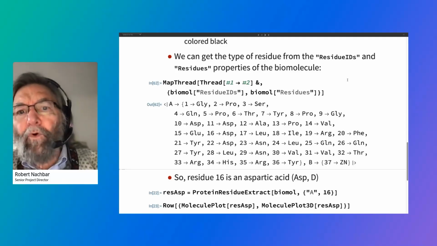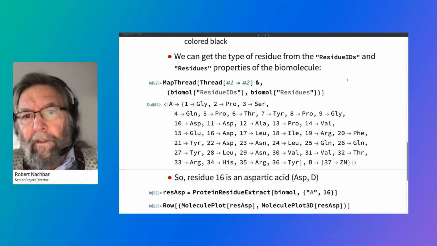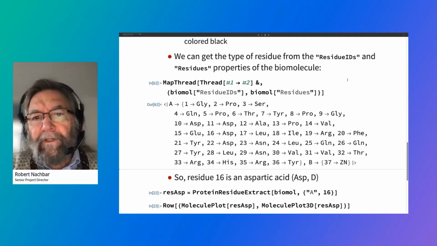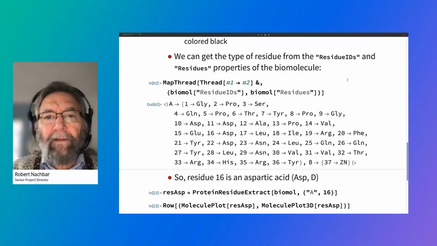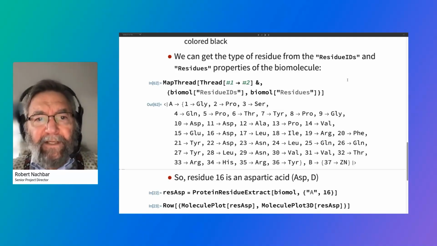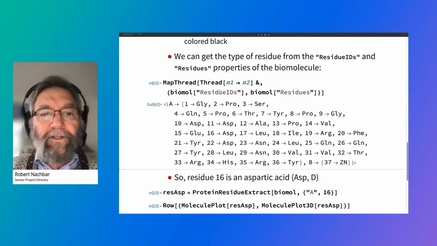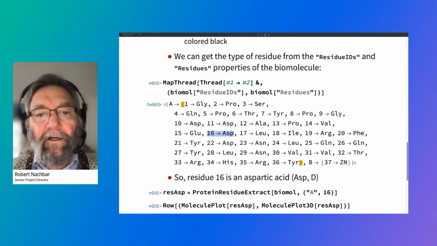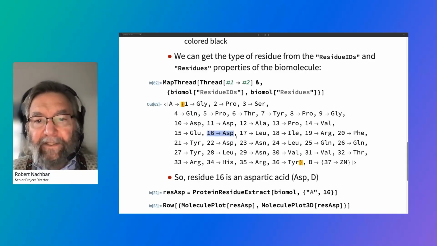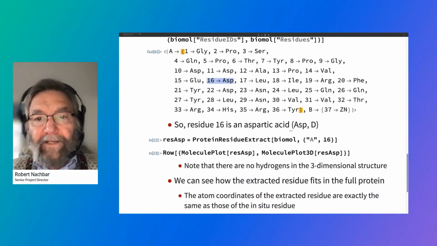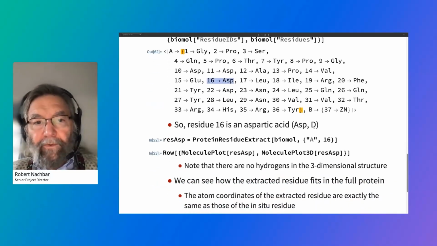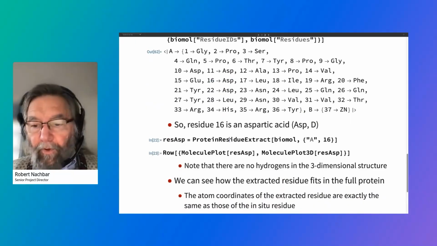So these numbers are more like street addresses, and so we need to treat them that way. We just can't use them as counting. And so residue 16 was the one we were after, and residue 16 is here, and we can see that it's an aspartic acid. Aspartic acid has also got the single letter code D. So let's pull that out.